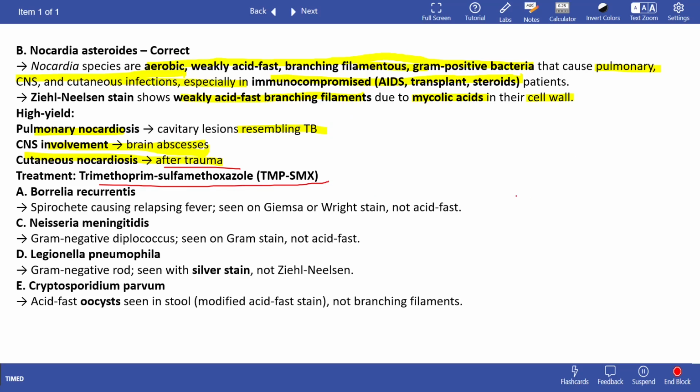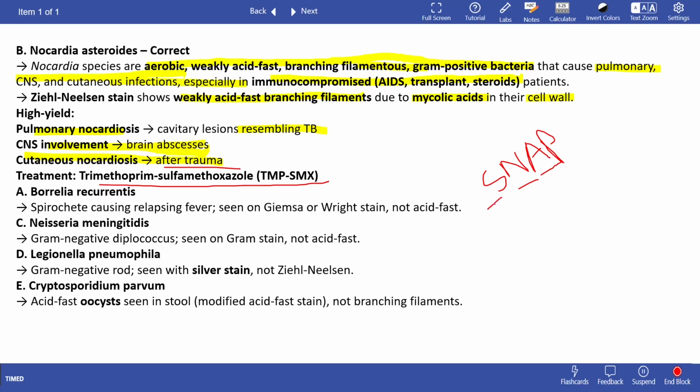It's important. So you must remember the mnemonic of SNAP. Basically, it compares Nocardia and Actinomyces. And what it tells you is which organism is treated by which medication.